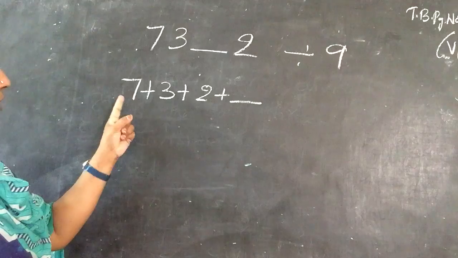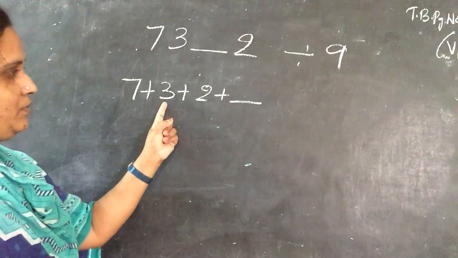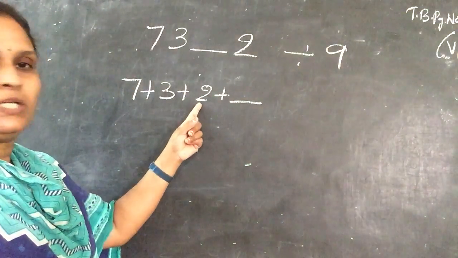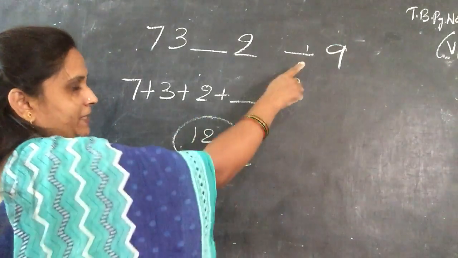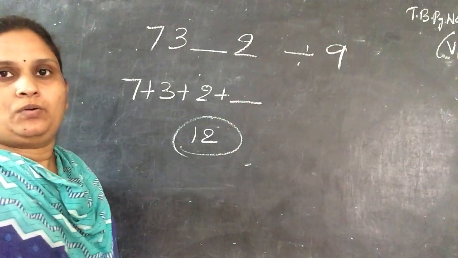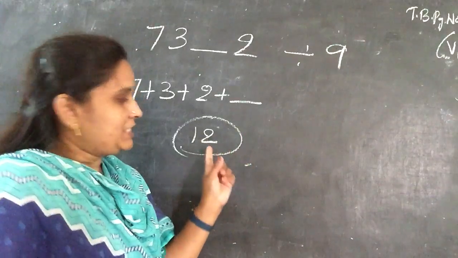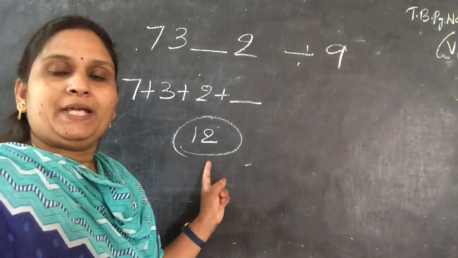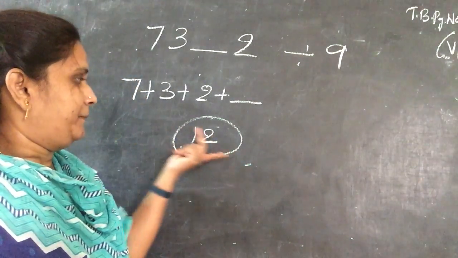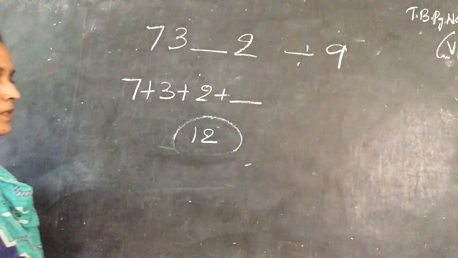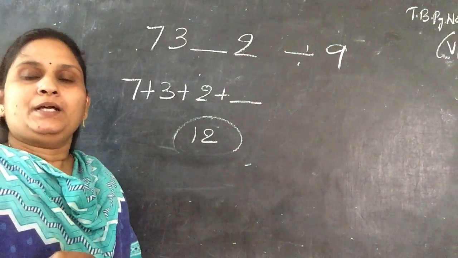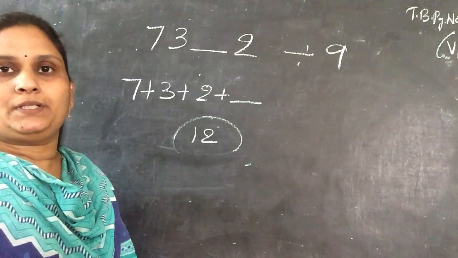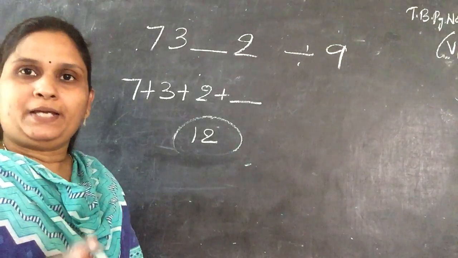Now add the given numbers. 7 plus 3 is equal to 10. 10 plus 2 is equal to 12. Is 12 divisible by 9? No. So by adding which number will we get the total of 18? Why I am saying 18: in the 9 table, 18 is one of the multiples, isn't it? 9 twos are 18.